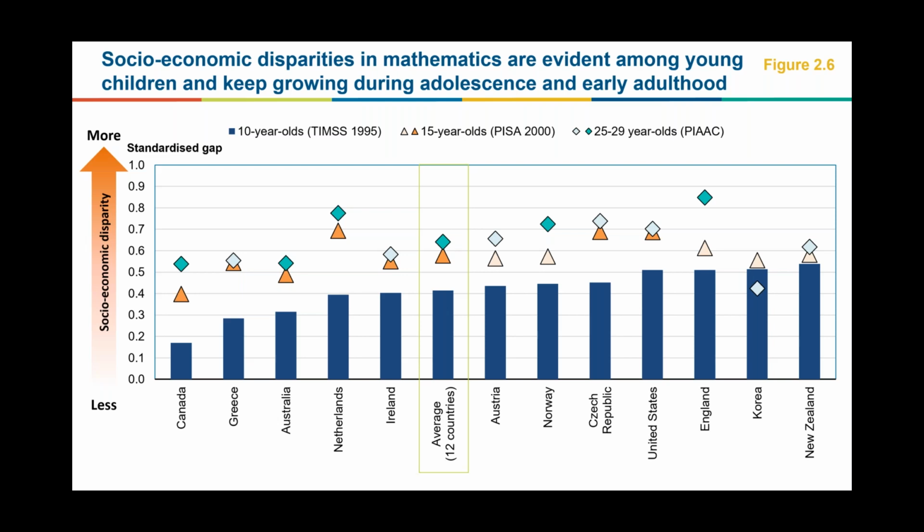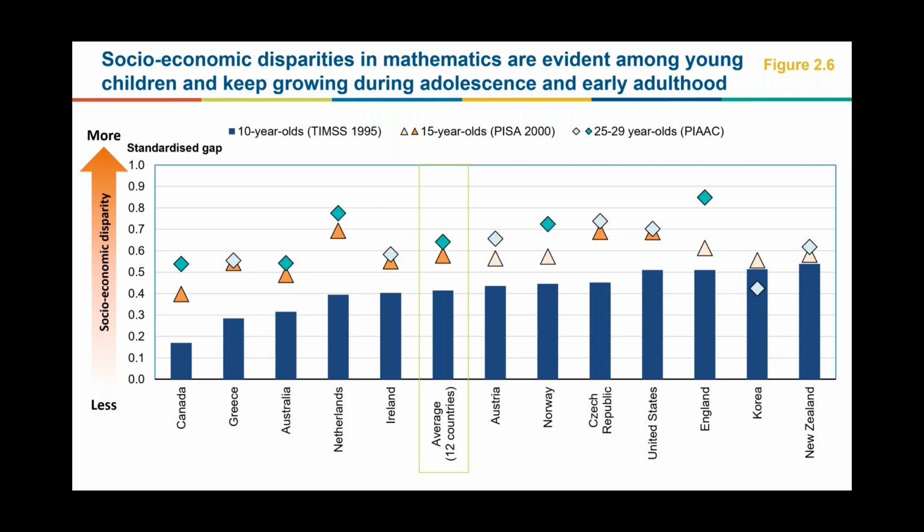And then those who were 10 years old in 1995 were 15-year-olds in the year 2000. So we used the first PISA assessment to look at how closely social background was related then. And what you can see in most of the countries is that the link between social background and the quality of learning outcomes had become stronger.